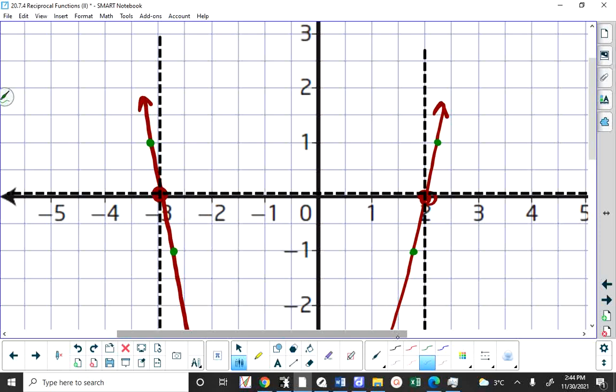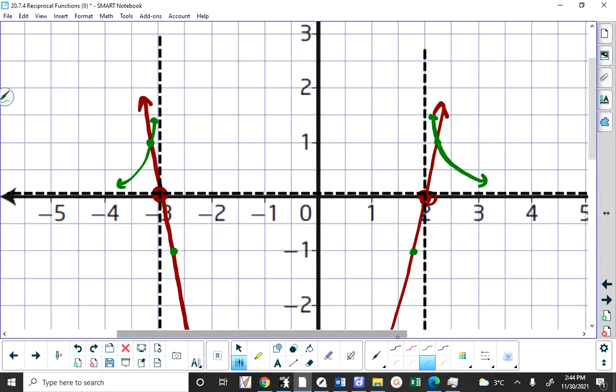So now comes the part where I'm not going to worry too much about accuracy. I don't have to take y coordinates in these 2 regions and reciprocate them and replot them. That's what it's going to look like.